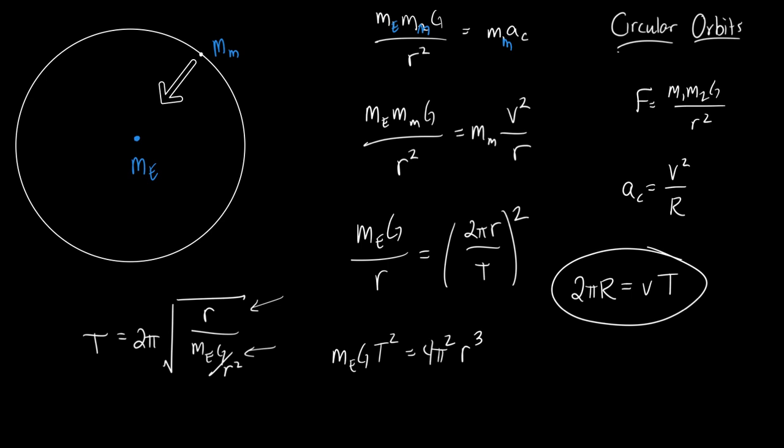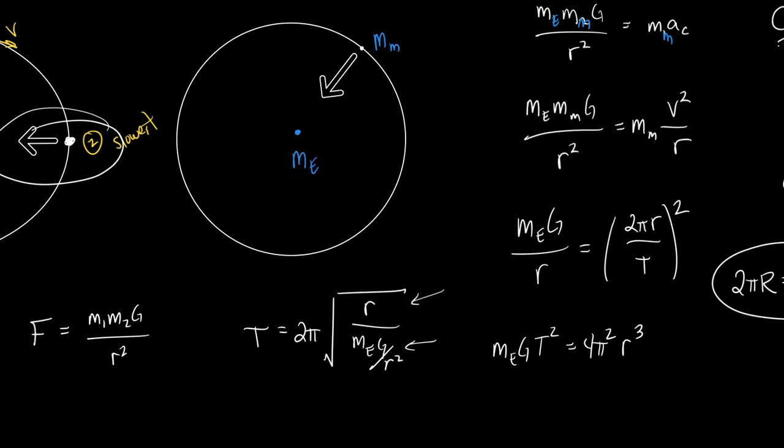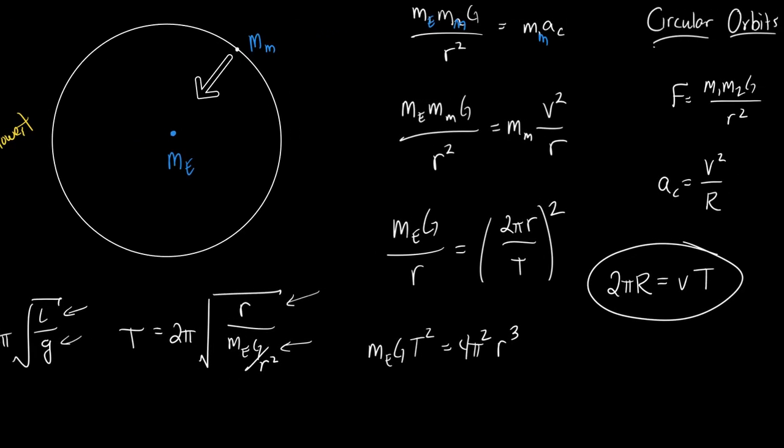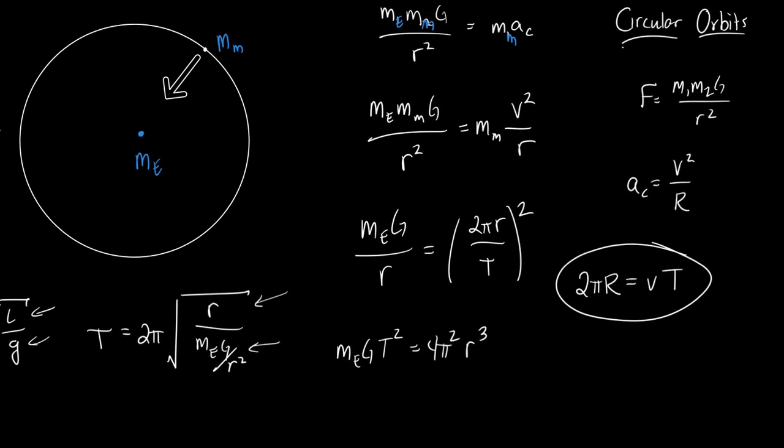In the same way that for a pendulum, the period equaled 2 pi square root of L over g, where L represented the moment of inertia here, and g represented the gravity. So we get the same kind of thing here in talking about an object in orbit. That 2 pi is a sign to you that we're looking at something that is cyclic, that's happening over and over again.